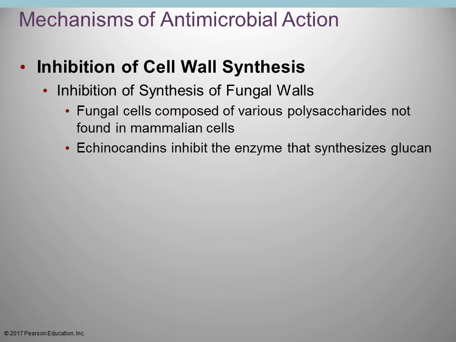They can interfere with the glucan, which is one of the building components of the cell wall in fungi. But just keep in mind, if you have an antibiotic that inhibits cell wall synthesis and is effective against bacteria, it will not be effective against fungi because their cell walls are chemically very different.